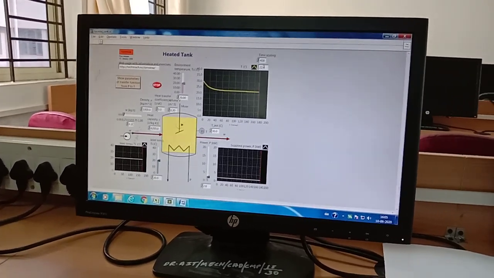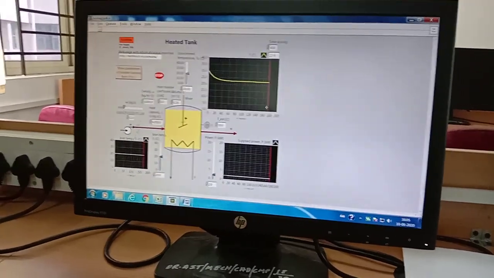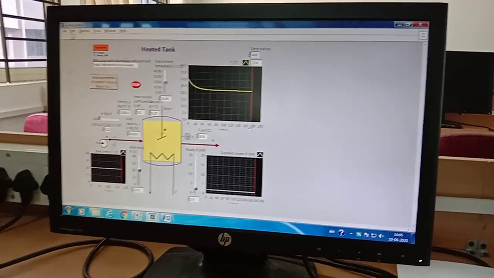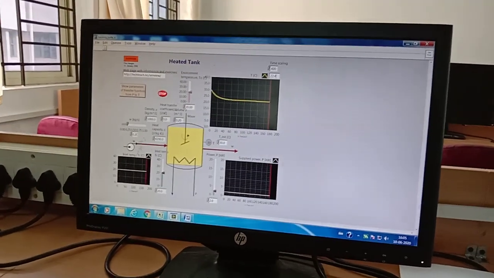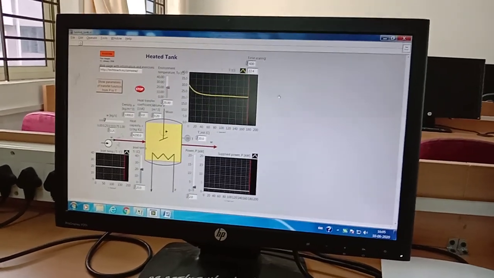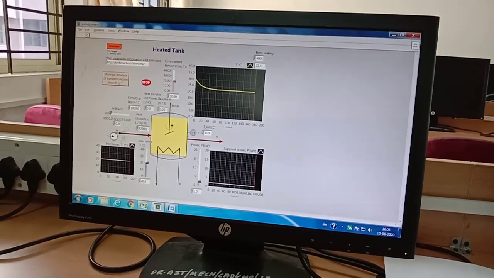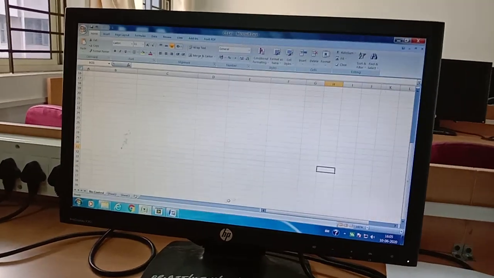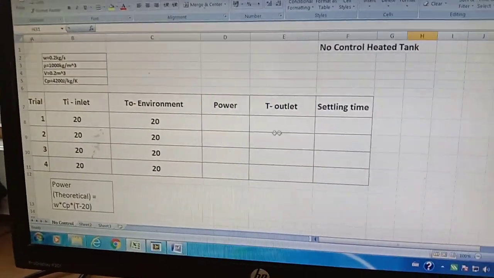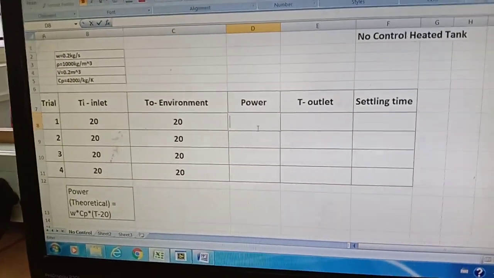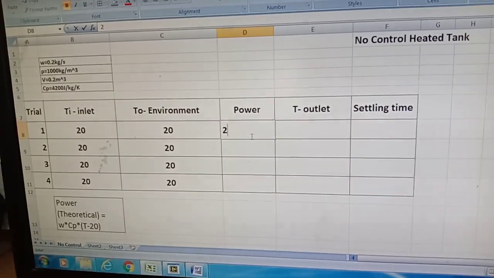So here, these are my two outputs. One is around 180 minutes, and the temperature is 22.4 degrees Celsius. I have to make a note of those two readings. What was the power I used? I used 2 kilowatts.